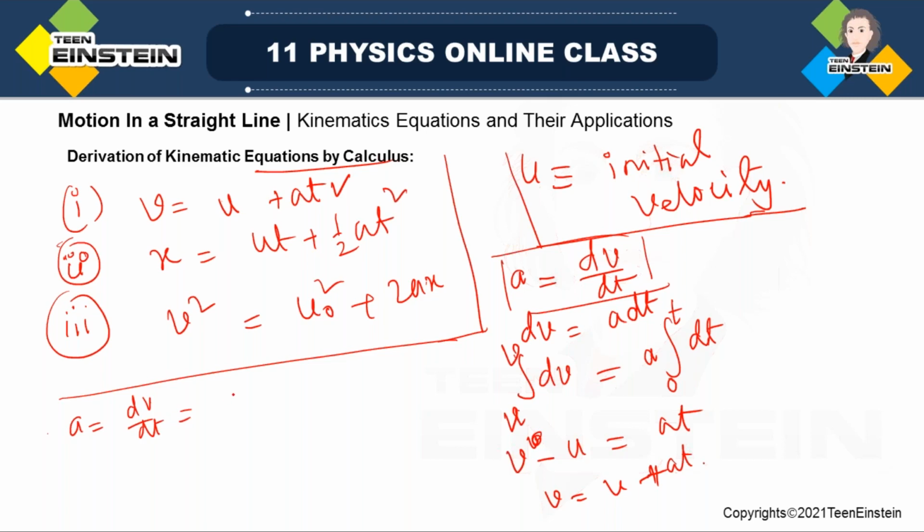Now in this dv dt we have to bring x, so we have d dt of dx dt.